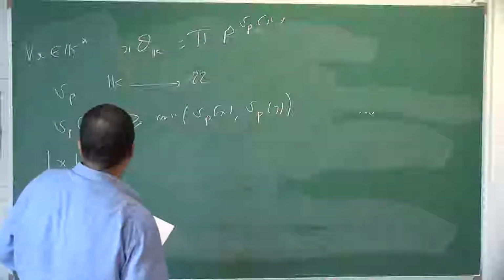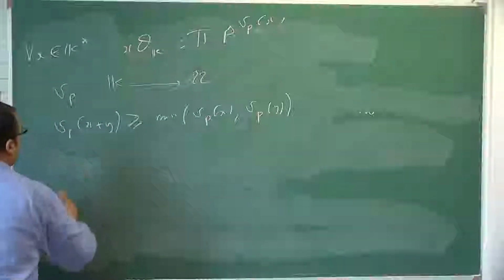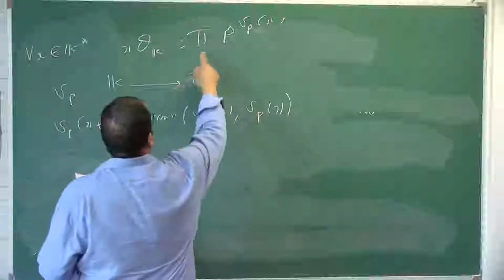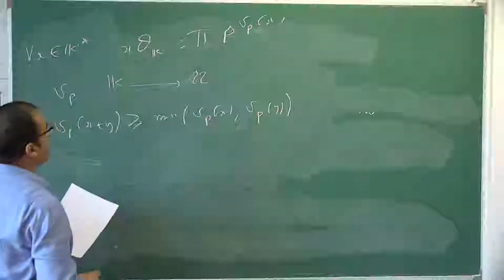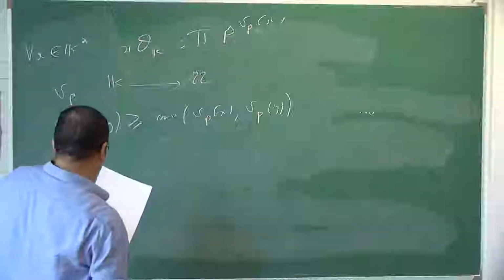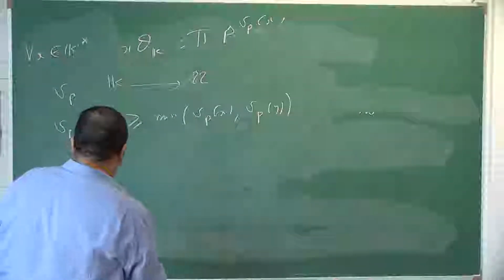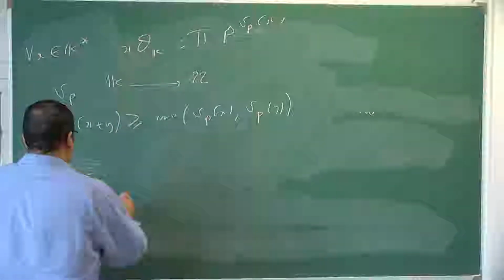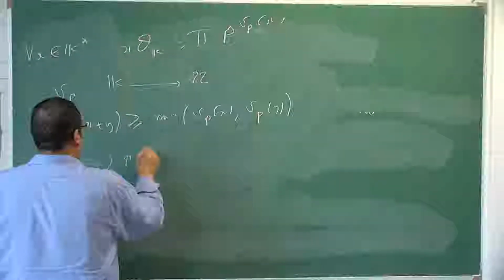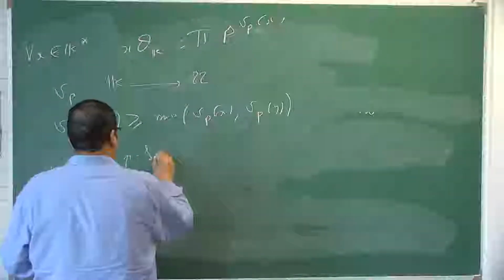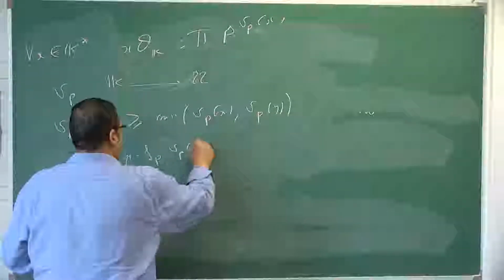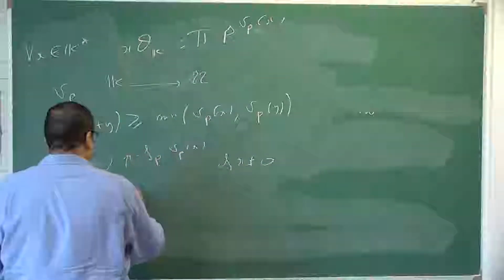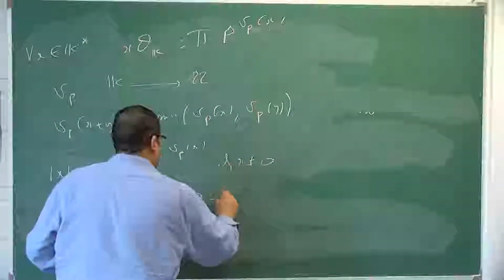Before this, I will just recall a definition. For this decomposition, we can define absolute values by this formula: the absolute value is P to the minus f_P v_P of x if x is different from 0, and 0 if x is equal to 0.